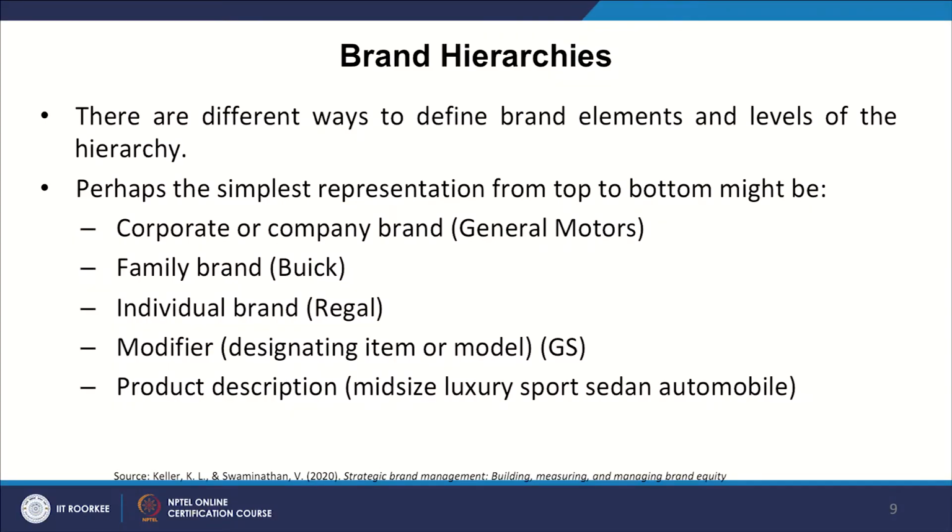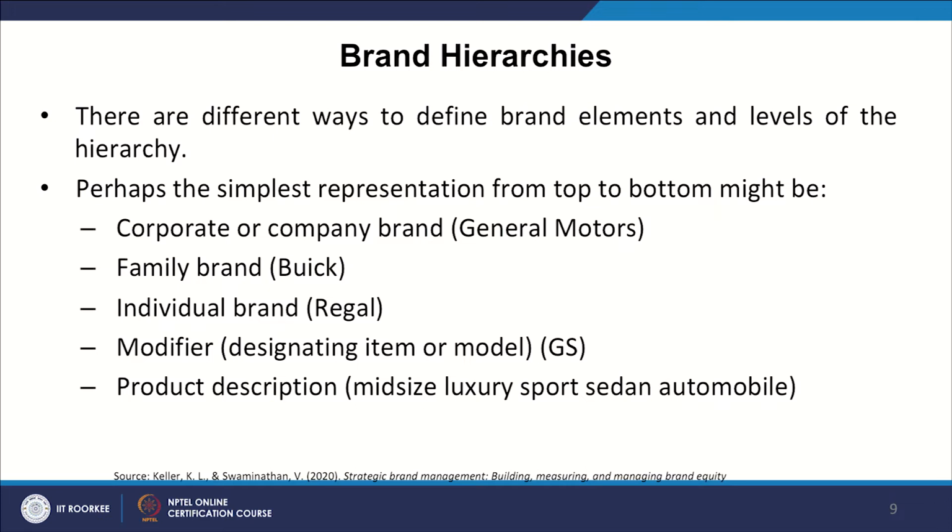So, that is where this hierarchy perspective comes in, and the rest is a story which strengthens this argument that there are different ways to define brand elements and levels of hierarchy, wherein perhaps the simplest representation from top to bottom might be corporate or company brand.